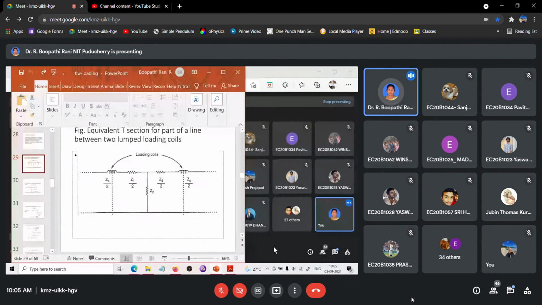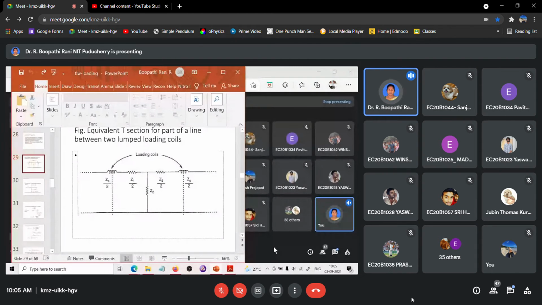See, the transmission line can be equivalently drawn using RLCG components. The same can be drawn using a T network or pi network, and we saw the relation between the T network and the secondary constants. Now we are taking the same T network and we are going to analyze the loaded line using the T section.